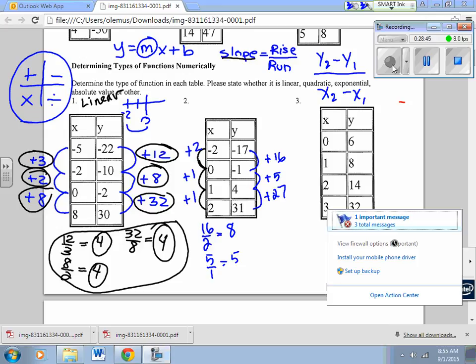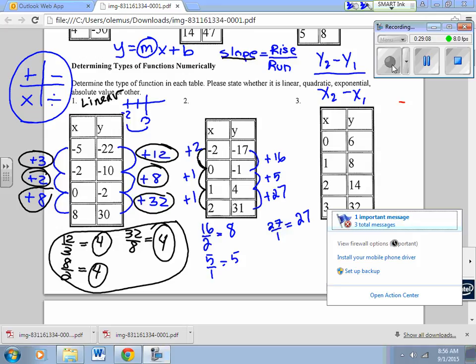I'm already kind of heartbroken because I was expecting to see something the same here. Yeah, but maybe there's something in the next one. Okay. The next one would be 27 over 1, which is really just 27. Right there, I know this graph is not linear.